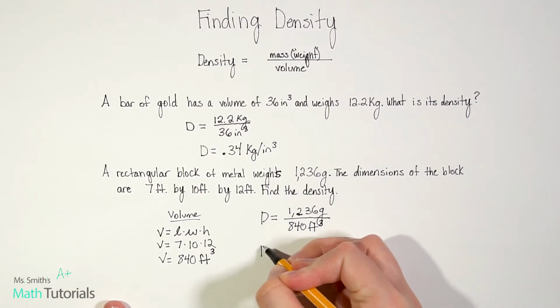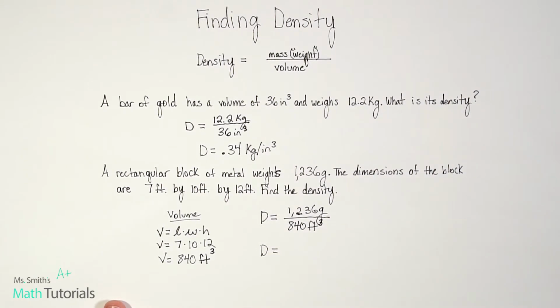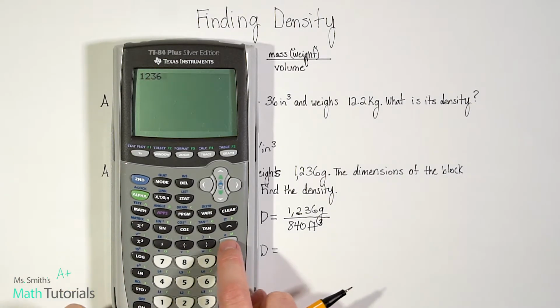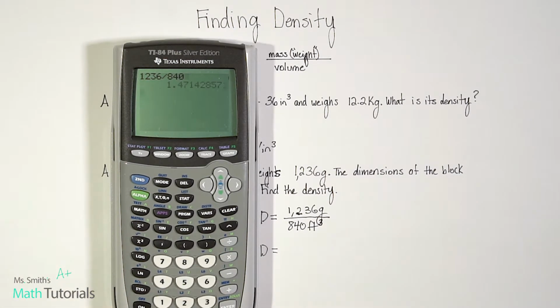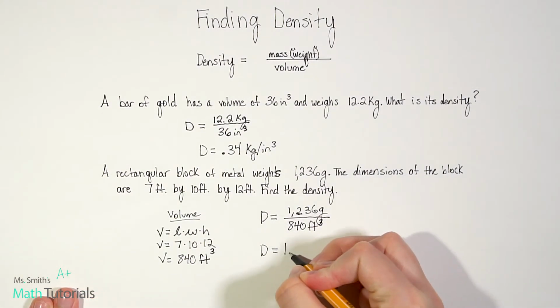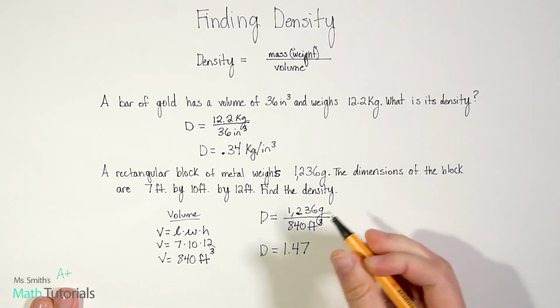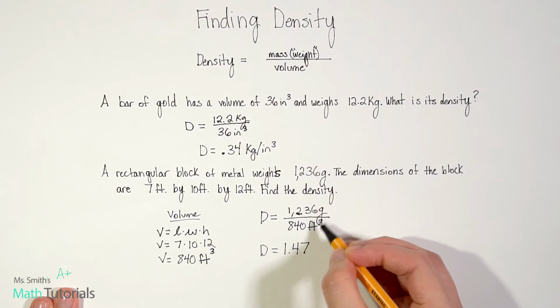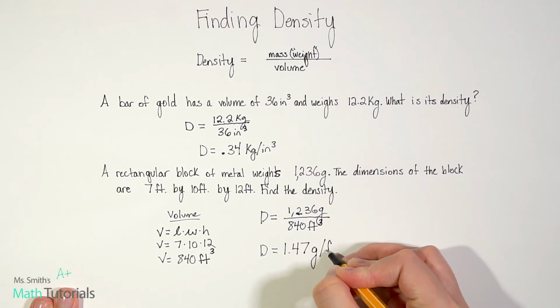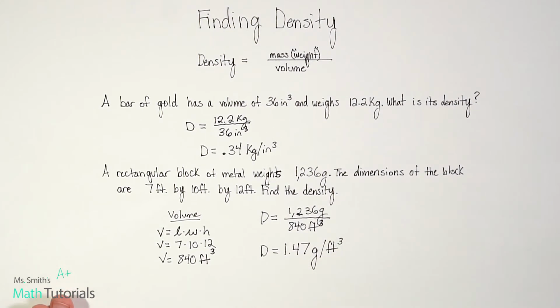So now when we bring out our calculator to do that math, 1,236 divided by 840, we get, again rounding to the nearest hundredth, 1.47. So our density is 1.47, and again, just like on this one, we want to make sure we represent what this is. So it's grams per feet cubed.